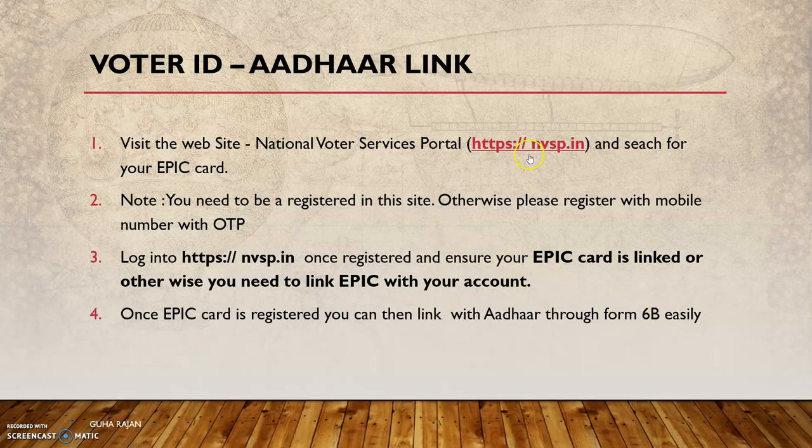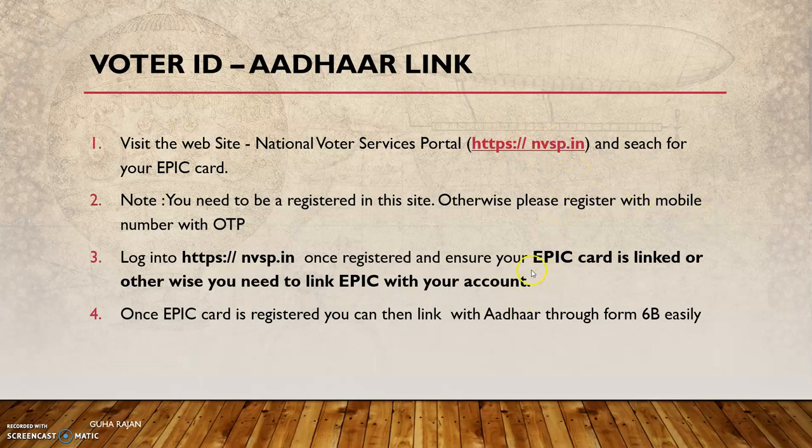So the point to note here is there are four steps. One is that on NVSP you register with your mobile number, and then the voter ID card needs to be linked to your account. And this could be useful later: suppose you want to make a change, or you have shifted your residence, then this site would be pretty useful as well.